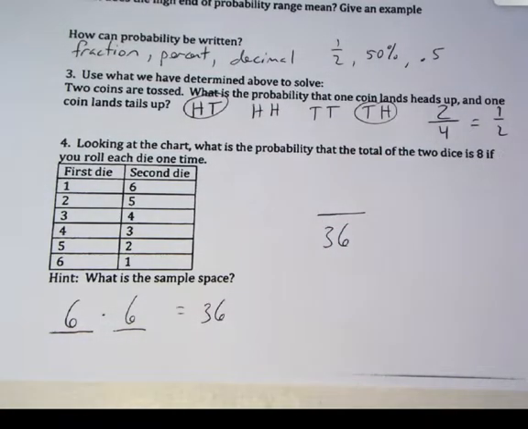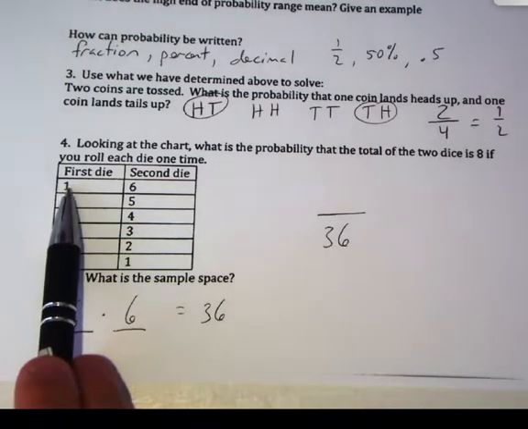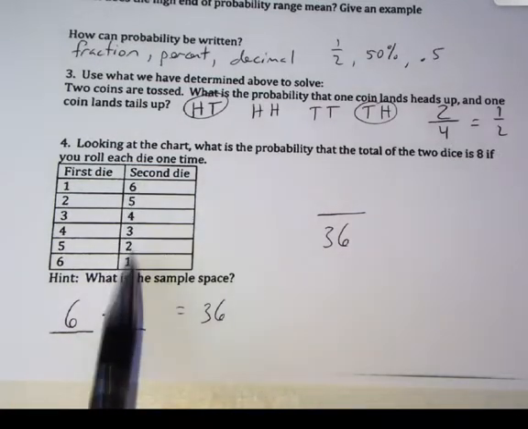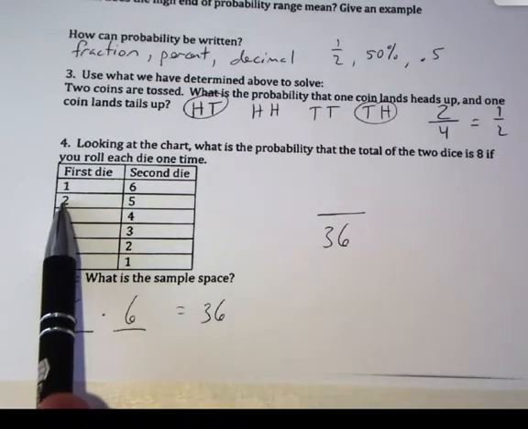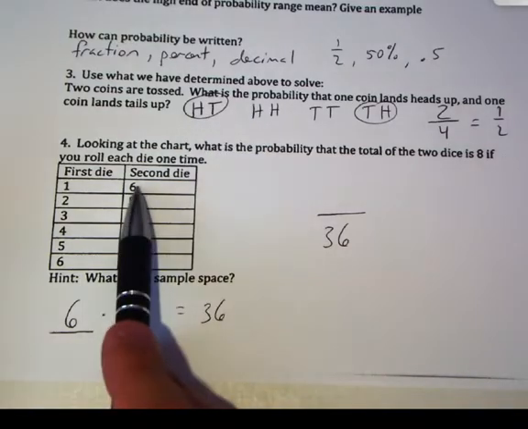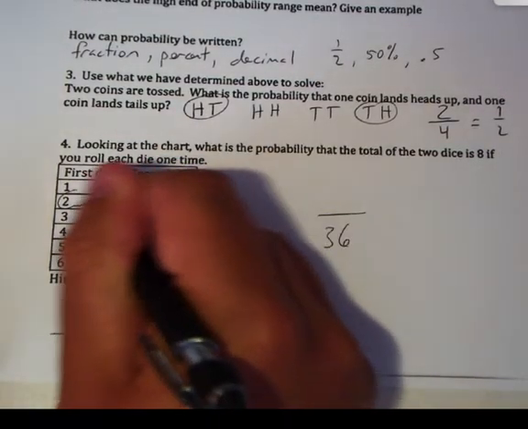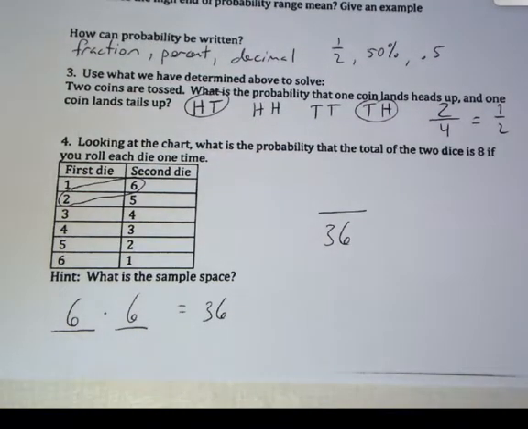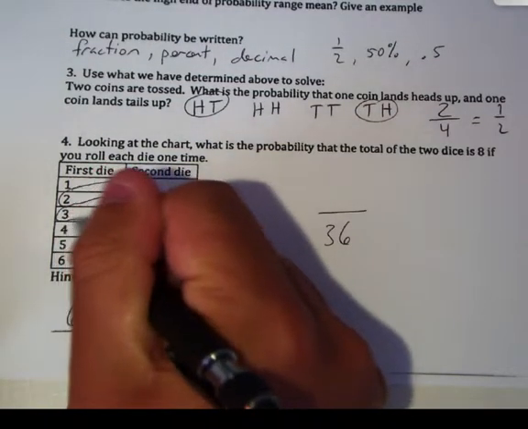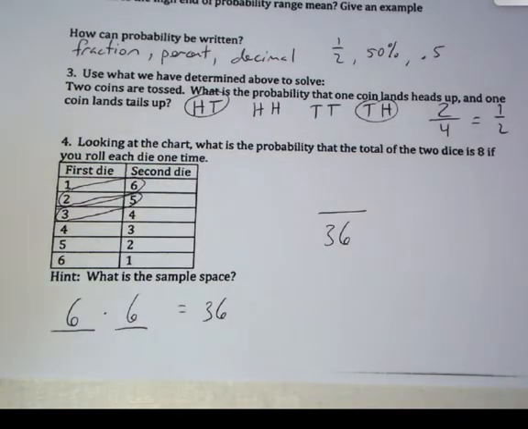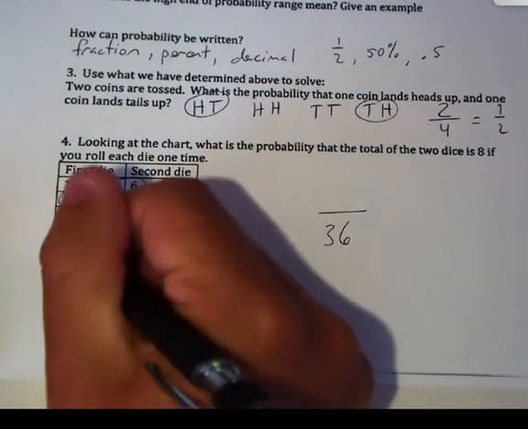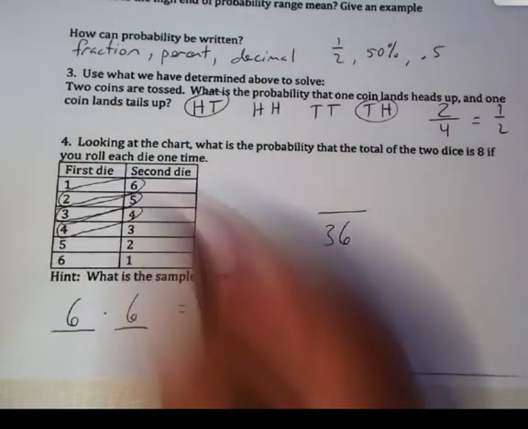Well, now let's think about how many ways can I get 8? Okay, well, if I roll a 1 on the first die, there's no possible way to get an 8. If I roll a 2 on the first die, well, the only way I can get an 8 is if I get a 6. So here's one way I get 8. 3 and a 5 would be a second way that I get an 8. 4 and 4 would be another way.